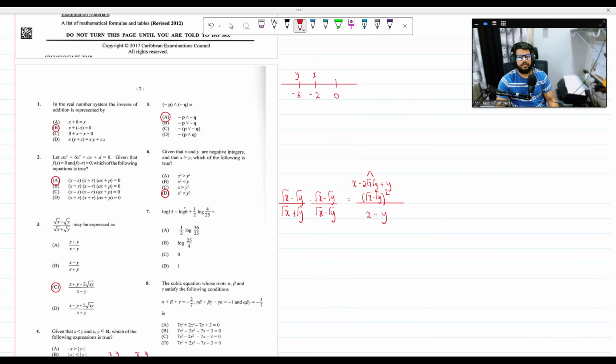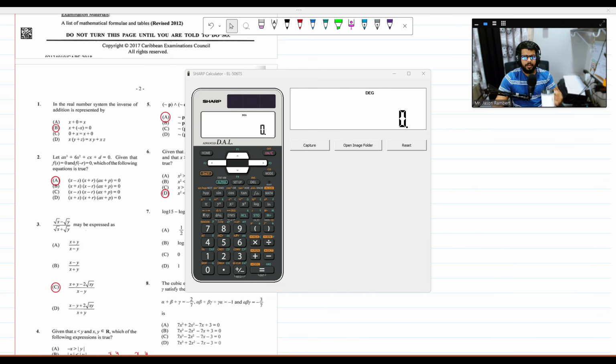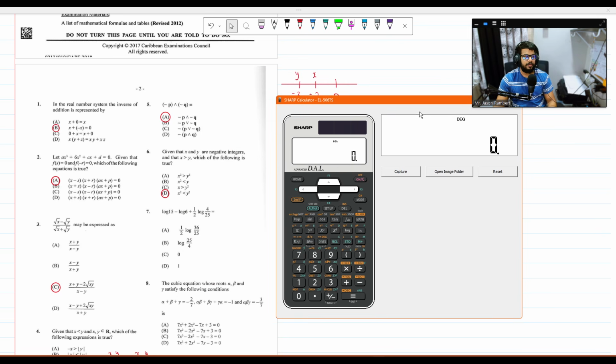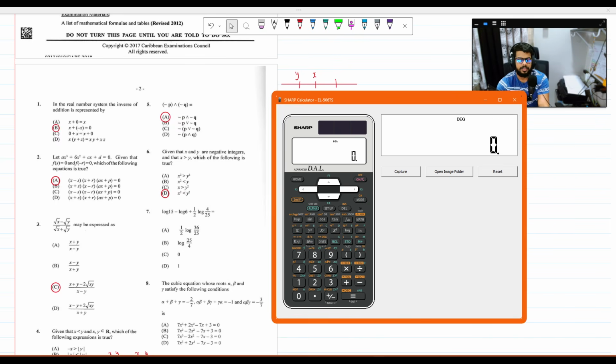Now some of us are going to just plug this straight into our calculator, and we can definitely do it. Because in the question we have log without any base, I know that I'm using base 10. But I know some of you have those fancy calculators where you can input any base.